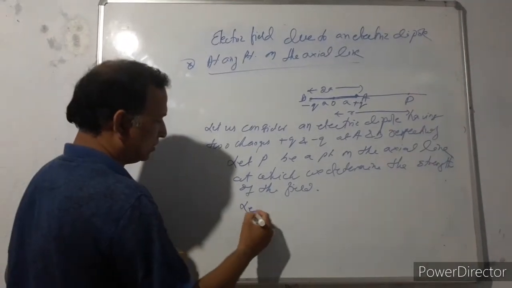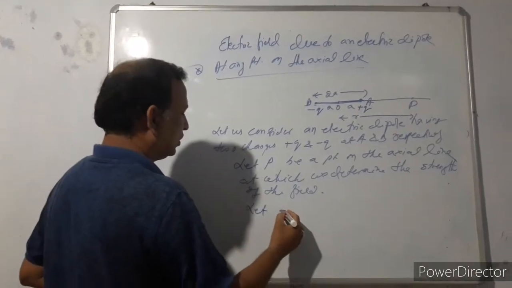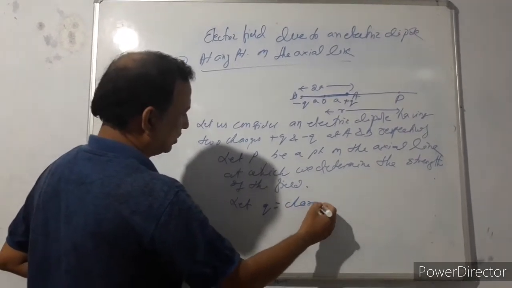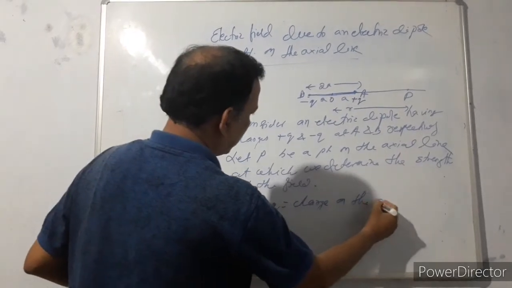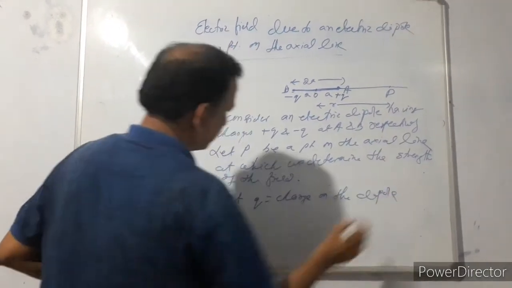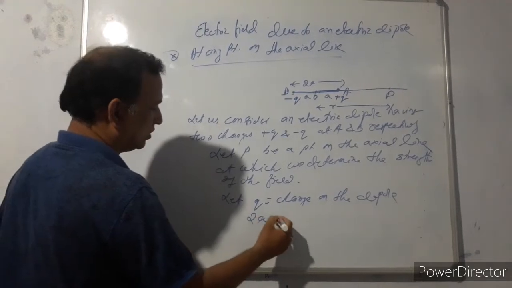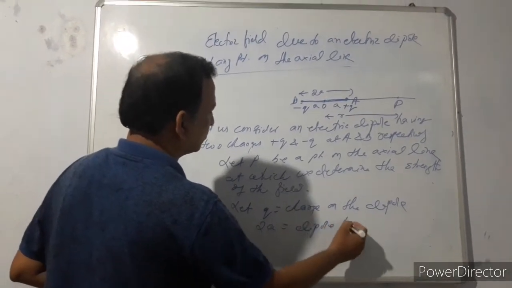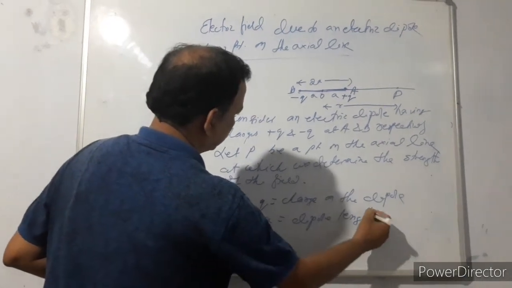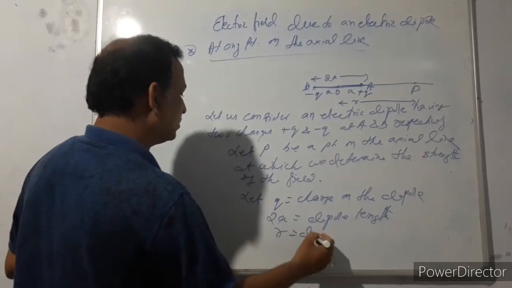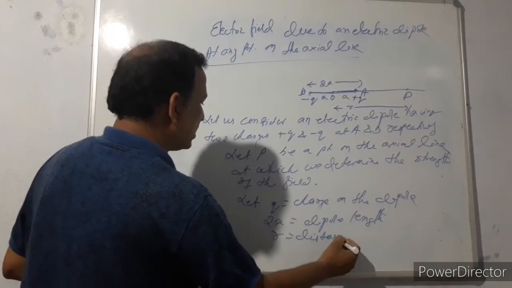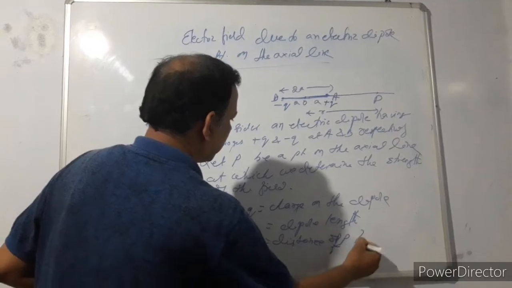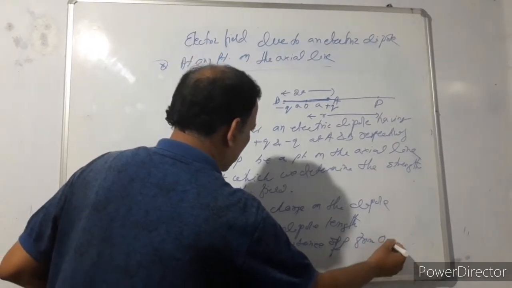So let q be the charge on the dipole, 2a the dipole length, and r the distance of P from O, that is the center.